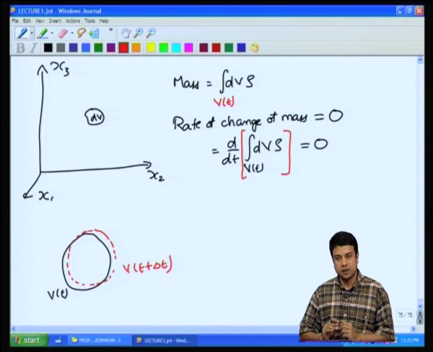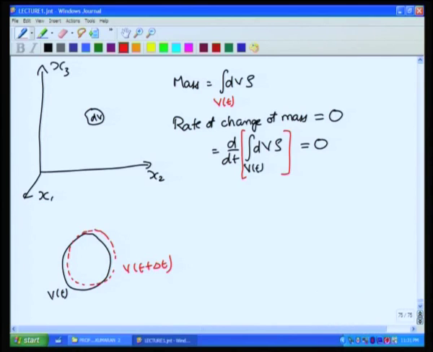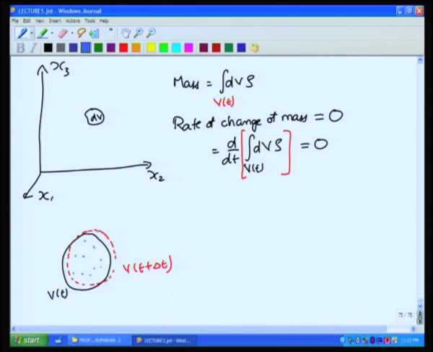There are two components to this change in the mass. One is because the density within the volume itself is changing. At various points within the volume, you have a density that is defined, and that density is changing. The other is because the surface itself has moved. There are certain parts of the surface that have come into the volume which were not previously in the volume.